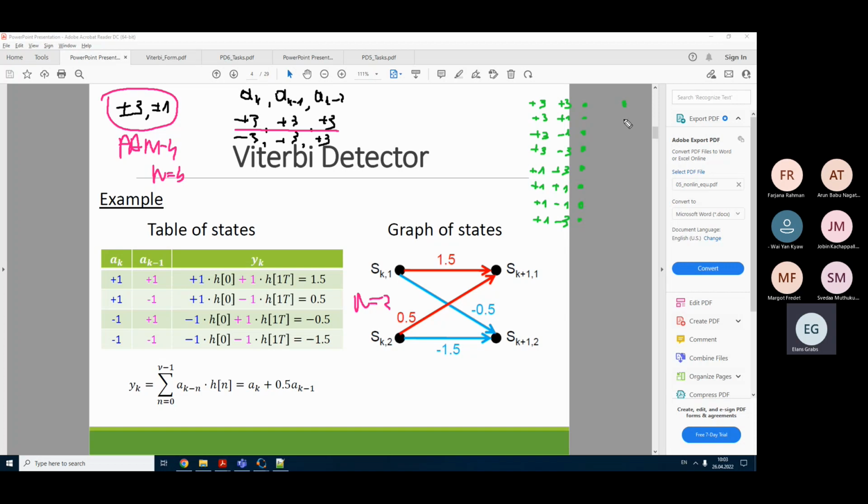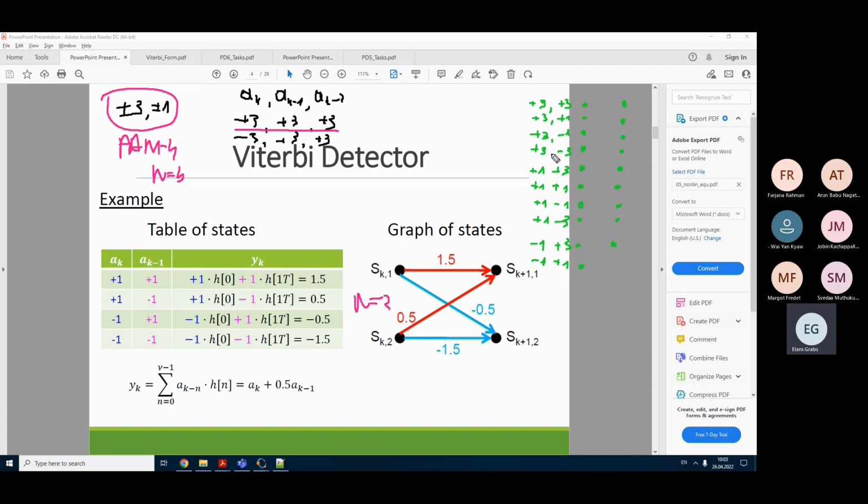What matters the most is that the number of possible transitions will also be only 4. From these 16 states, we can end up in any of the 4 states. I do need to draw them all, well, okay, I will draw them all. Plus 3, minus 1, plus 1. I don't calculate the sum here.